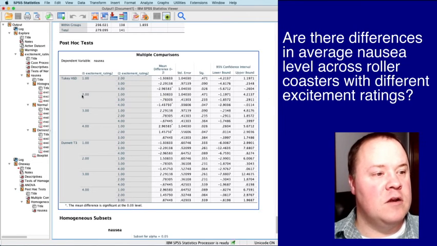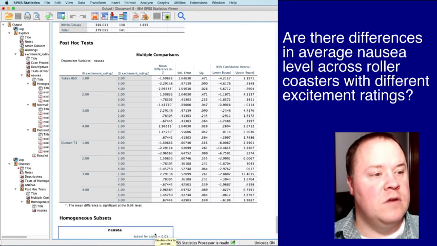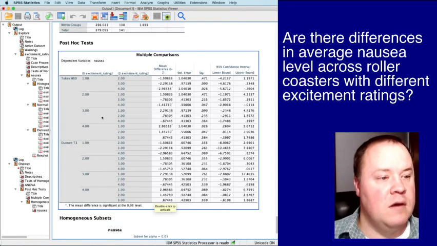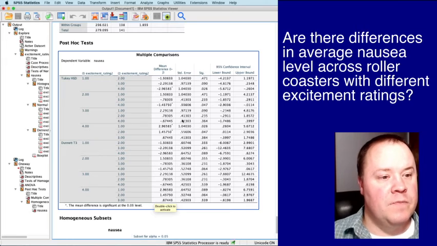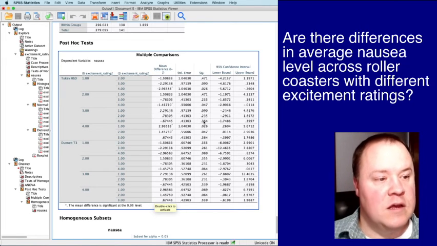If we're comparing 2, we already compared 2 and 1, so 2 to 3 and 2 to 4, we only see a difference between the medium group and the very high group. 0.047 is the p-value for comparing 2 to 4. And then the only comparison we haven't done yet is comparing 3 to 4, which is not statistically significant.